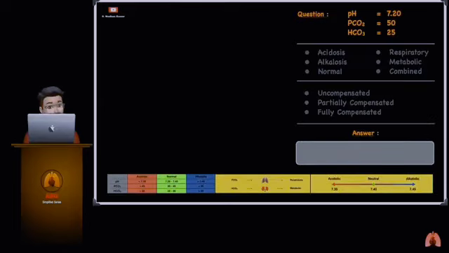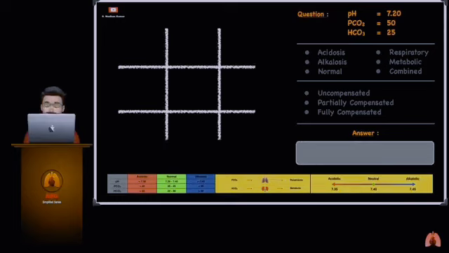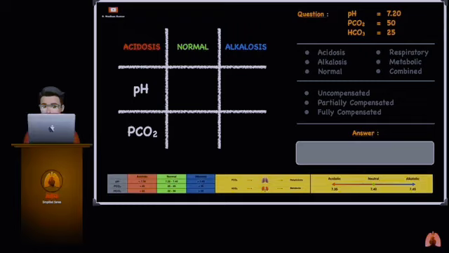Here, pH is 7.20, which is acidotic when we compare the values with the given table. So, mark the pH under the acidosis column. PCO2 is 50, which is also acidotic. So, mark it under the acidosis column.